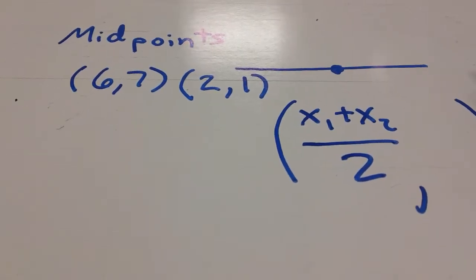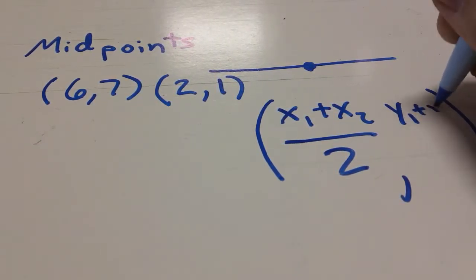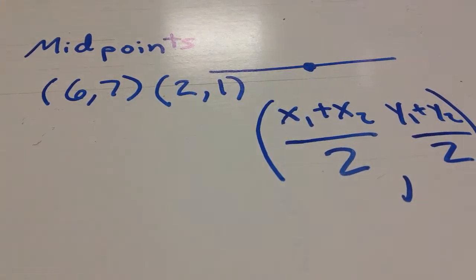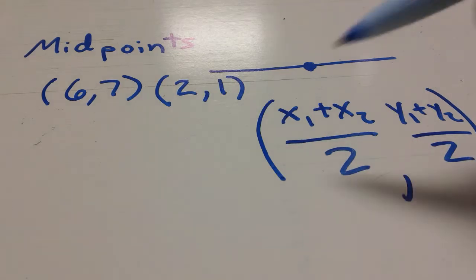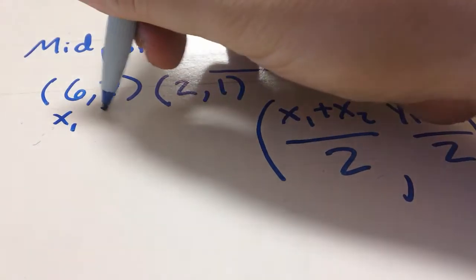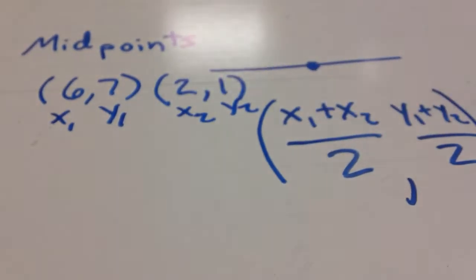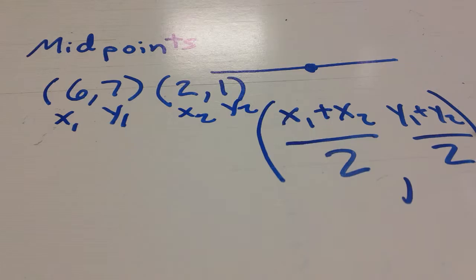And the pattern for the Y coordinates is y1 plus y2 over 2. I'm sure you remember how to label coordinates just like you do with the distance formula, x1, y1, x2, y2, right? So that helps us know what we need to plug into our pattern here.